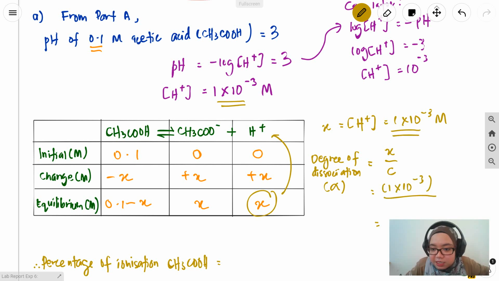C here is the initial concentration, which is 0.1. So 1 times 10 negative 3 molar divided by 0.1 molar is equal to, the molar units cancel out too, right?